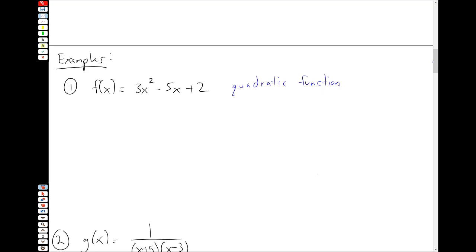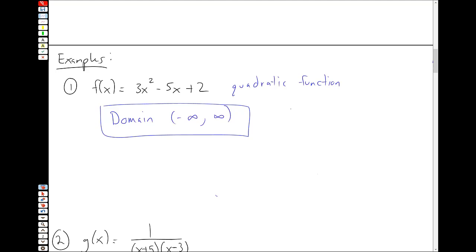So if we analyze our function here, are we ever dividing by anything? No, just 3x squared minus 5x plus 2. And are there any square roots? No. So there's no inputs that would lead to us having a quote unquote invalid mathematical operation here. So our domain in this case would just be negative infinity to infinity.